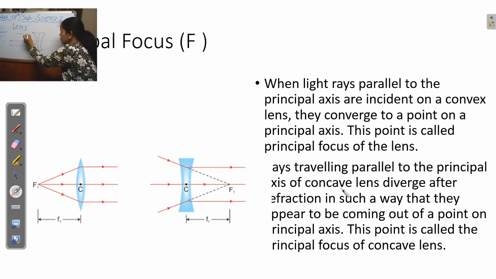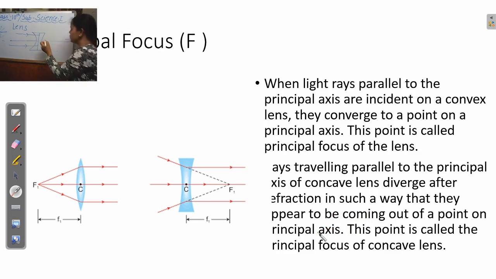If the light rays are parallel to this principal axis, then the light rays diverge after refraction in such a way that they appear to come out of a point on the principal axis.